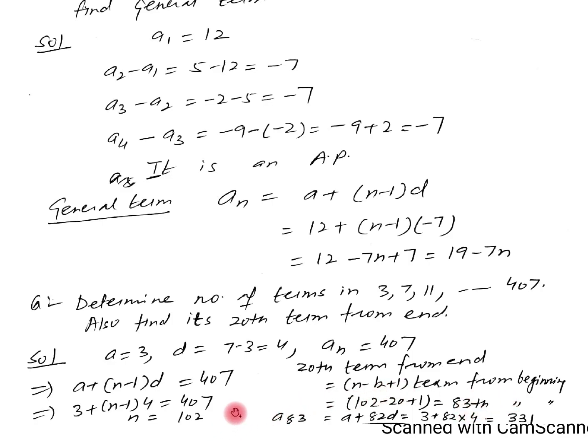Either you can find it directly or you can use the formula for finding the term from the ending. So it means we have to find out the 83rd term from the beginning. So therefore a83 is equal to a plus 82d. Putting the value of a and d, we are getting 331.